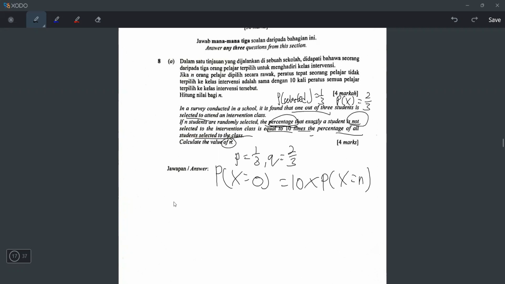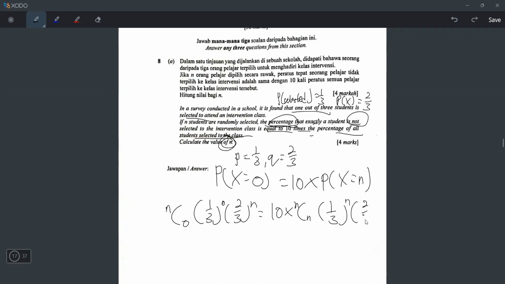All right. And then they want to find the value of n, and then nC0 1/3 power 0, 2/3 power n equals to 10 times nCn 1/3 power n, and then 2/3 power n. This one is 1, this one is 1, so 2/3 power n equals to, this one is 1, this one is 10 times 1/3 power n, and then times 2/3 power n.